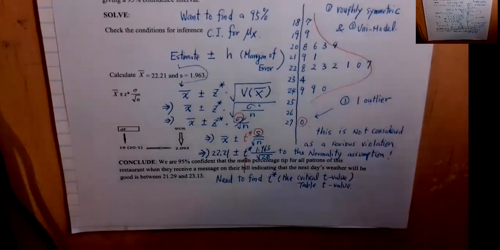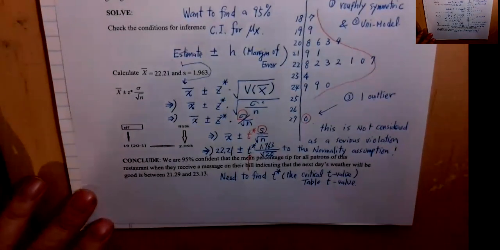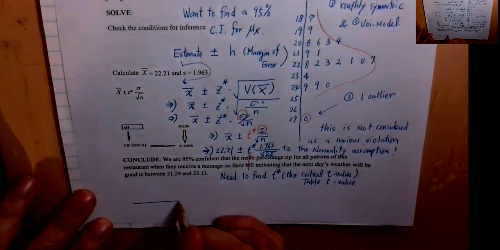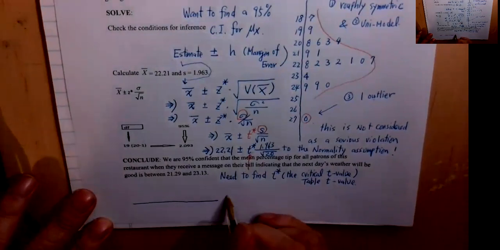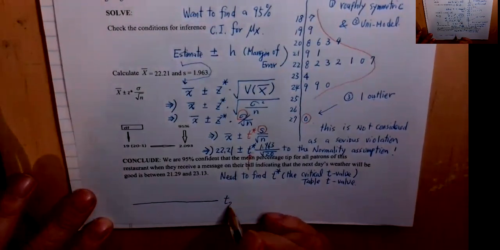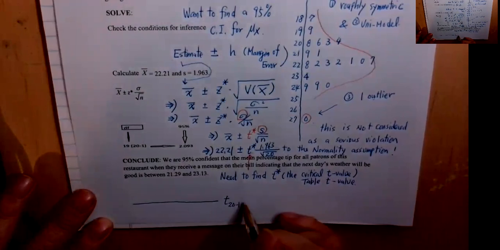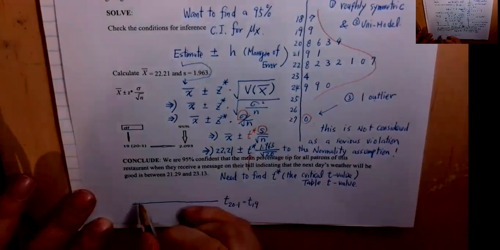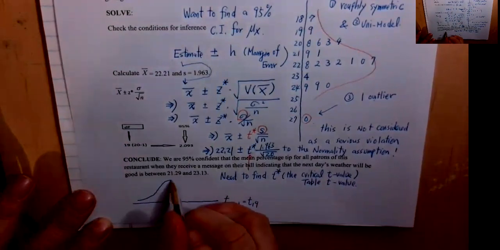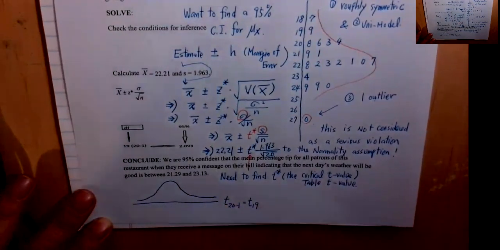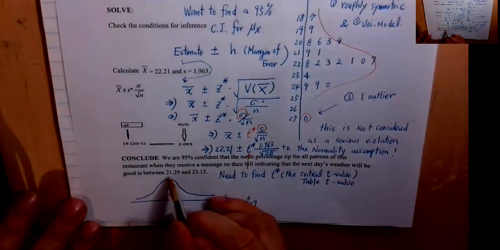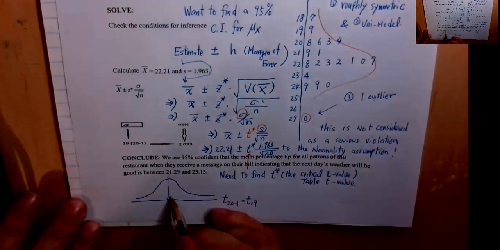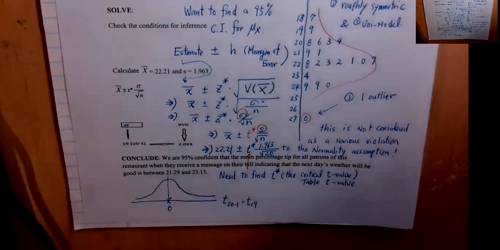Now let's look at our textbook. This is T with 20 minus 1, which is 19 degrees of freedom: sample size minus 1. And this is our T distribution, bell shaped, and the center of the bell shape is 0.